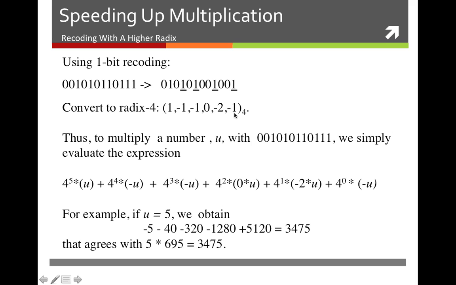And so this is effectively a way to deal with fewer additions, if you like. And the idea is that if you look at these numbers that we generated, these are all powers of 2. Like -1, you can write as -2 to the 0, -2 you can write as -2 to the 1. 0, of course, is 0 itself, and then -1 the same way.